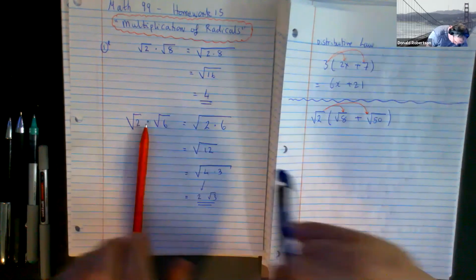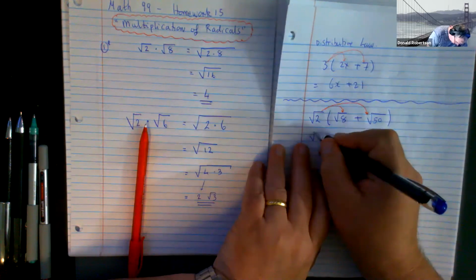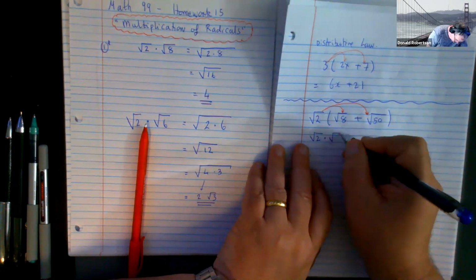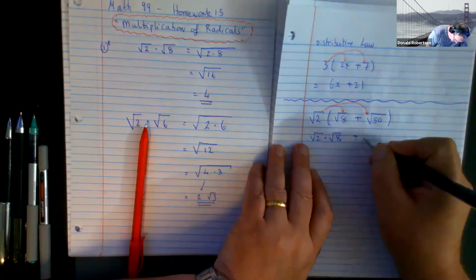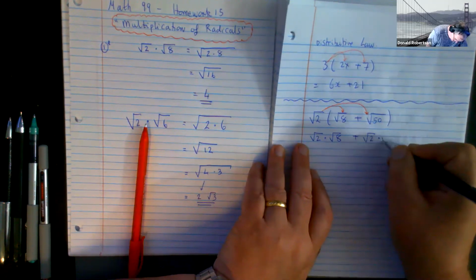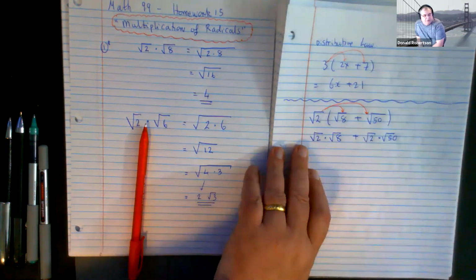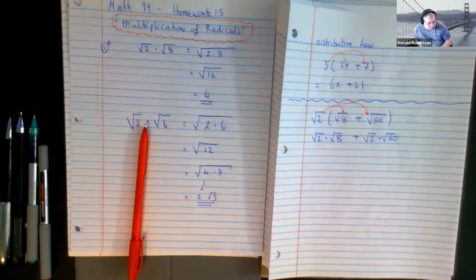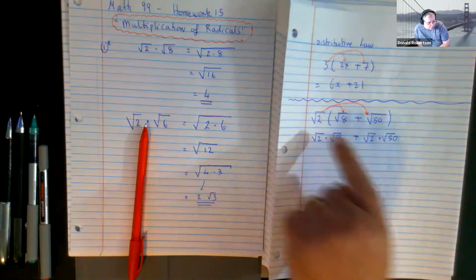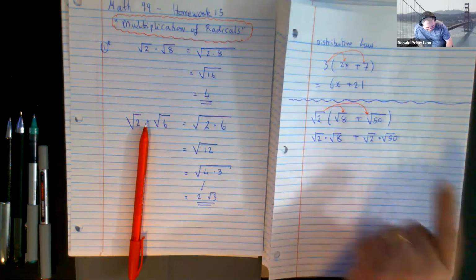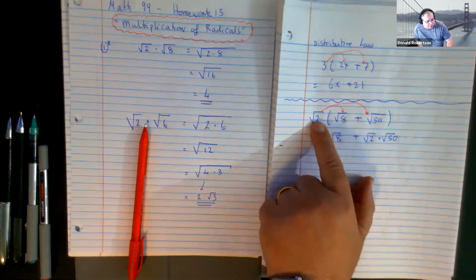So it's going to be the square root of 2 times the square root of 8 plus the square root of 2 times the square root of 50. That seem reasonable? Distributive law, same rule. The thing inside the brackets gets multiplied by square root of 2.